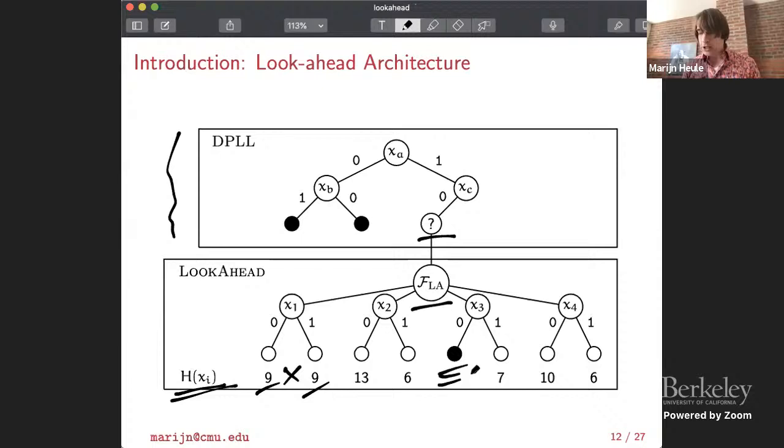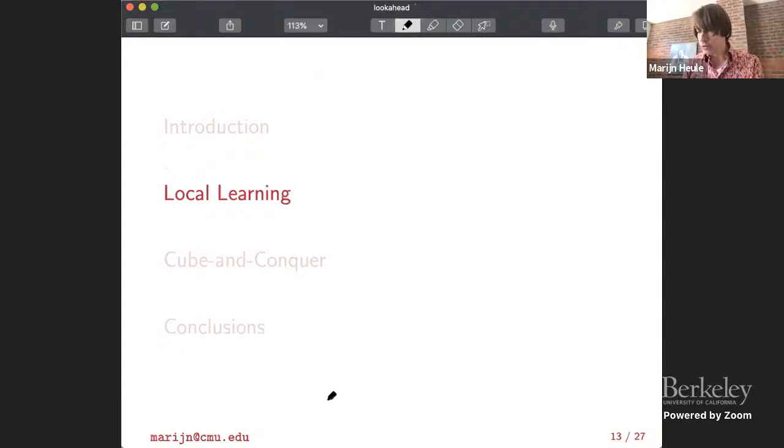Local learning is very important to pick the right decision. Although we can compute these values in a first iteration over all the variables, it is very important to first do a lot of local learning, which improves the accuracy of the heuristic, which in turn makes the tree much smaller. Okay, now let me focus on the local learning.